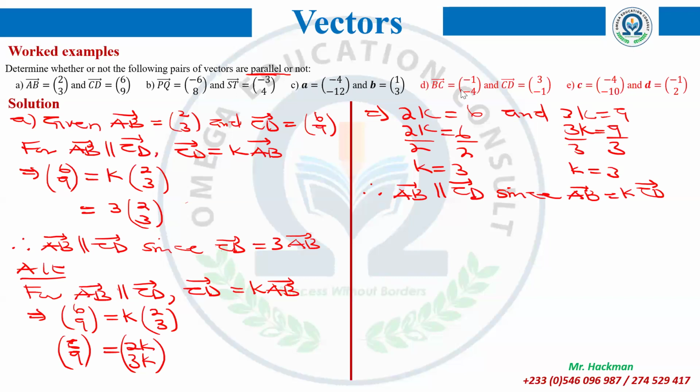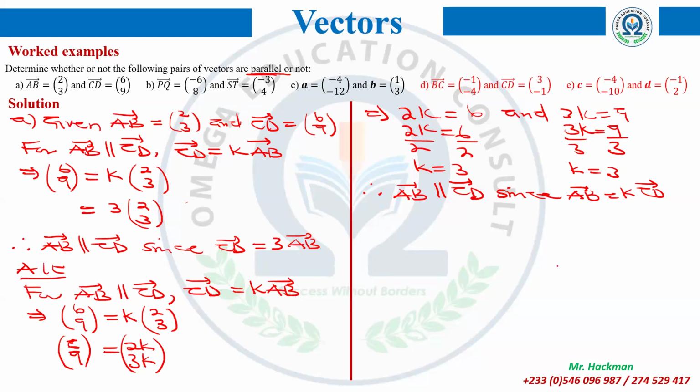Mr. Hackman, please, can you explain the conclusion as to why vector AB is equal to KCD and not like CD? All right, let me use this way.